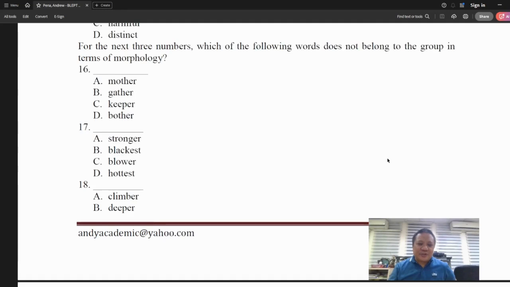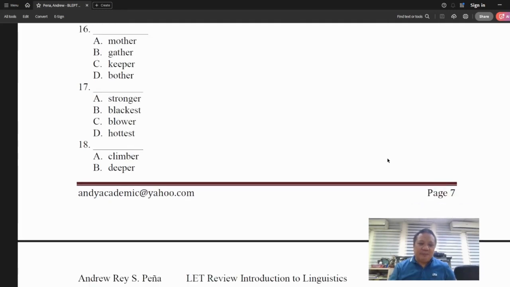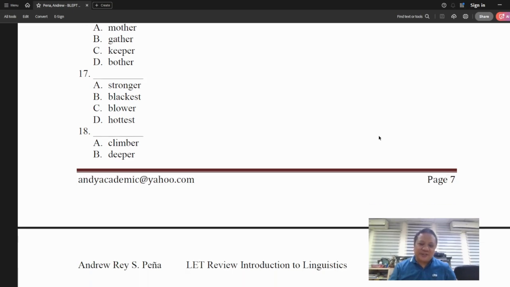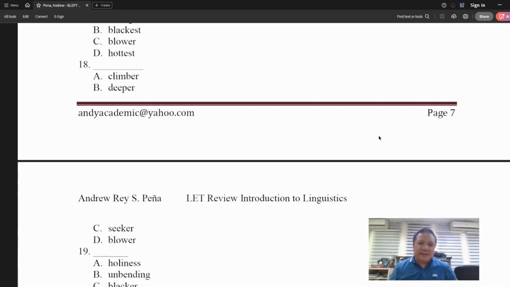17. A, stronger, B, blackest, C, blower, D, hottest. The answer is C, blower, because the er here is a derivational suffix, unlike in A, B, and D, where you have inflectional suffixes. 18. A, climber, B, deeper, C, seeker, D, blower.